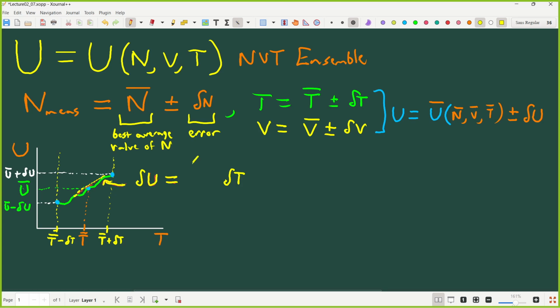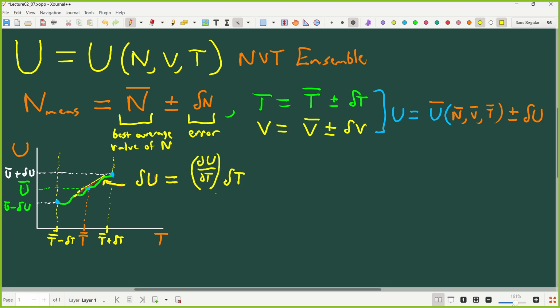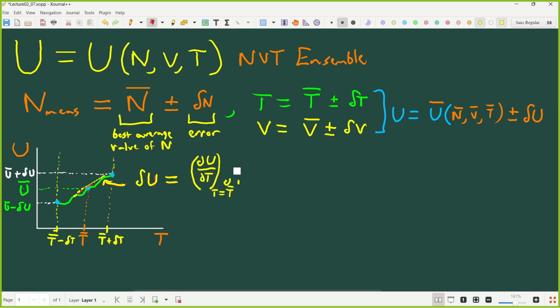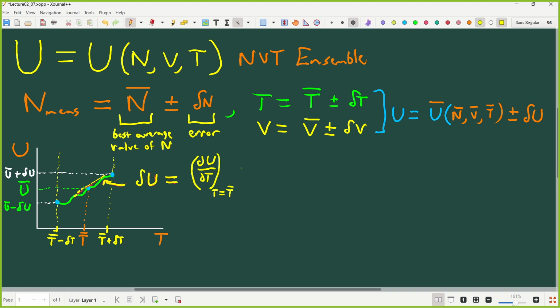So delta u is equal to du, the derivative of u with respect to t, evaluated at t at the best point. So we're going to calculate the derivative of the function at the best point t bar and multiply it by our error delta t. So what that says is that delta u is proportional to the error in t by the derivative, our conversion factor. Just linearize it.